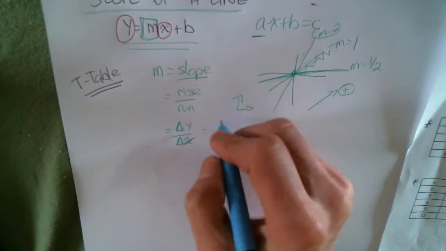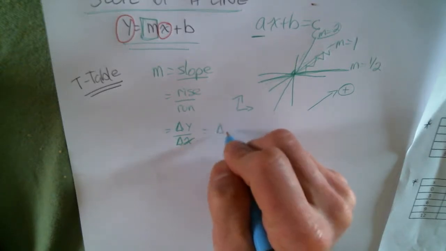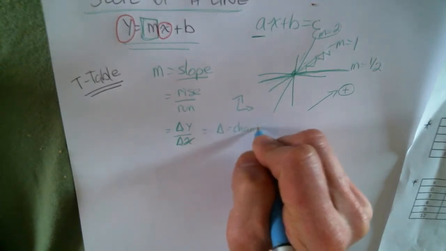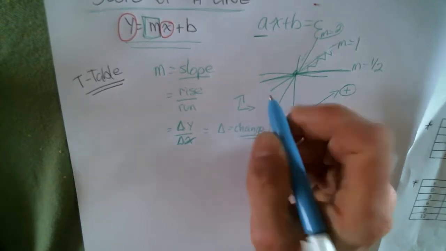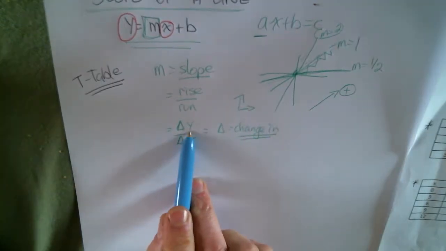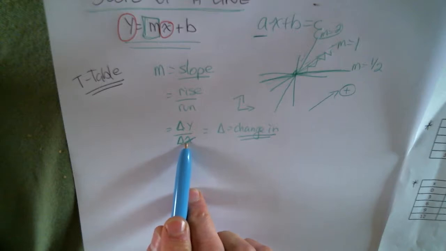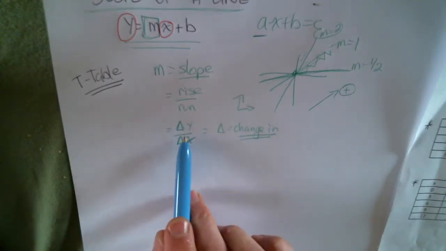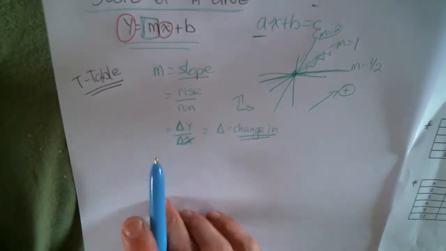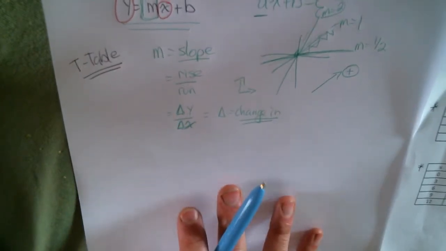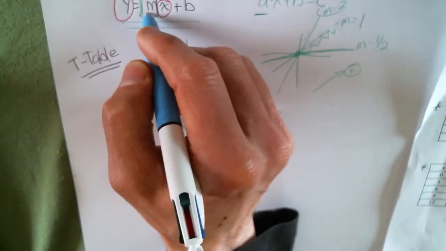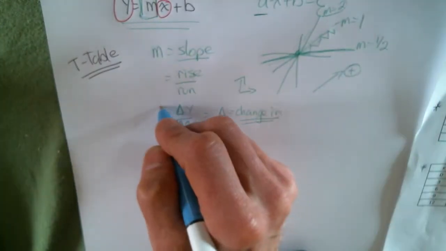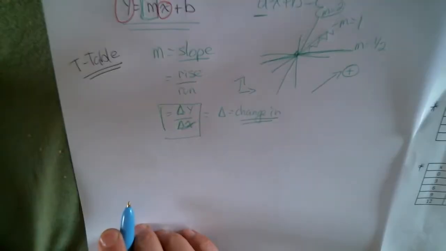Do you remember? So delta is going to be a change in. So this means a change in y divided by a change in x. These are the numbers you pull directly from your t-table, and you're going to leave them in fraction form. So you're never going to actually have to calculate that. Okay? So the slope is going to be delta y over delta x.